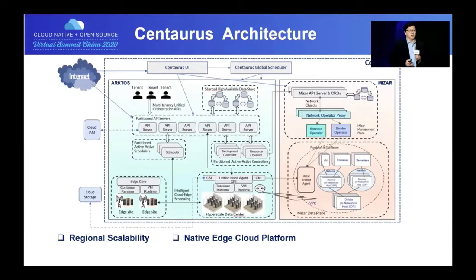It's built in to schedule, run, and manage applications at the edge site. Lastly, this architecture also offers the same API experience for both VMs and containers, as well as for other types of workloads. It provides an application-centric API, and is a platform for both resource and application orchestration.